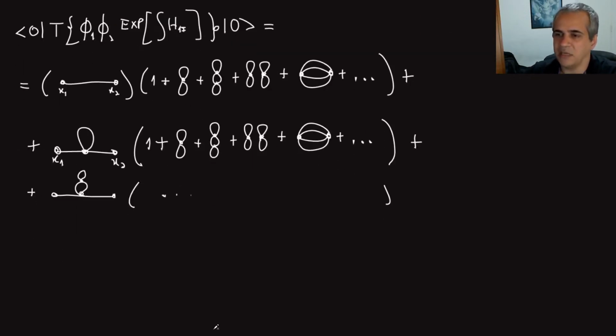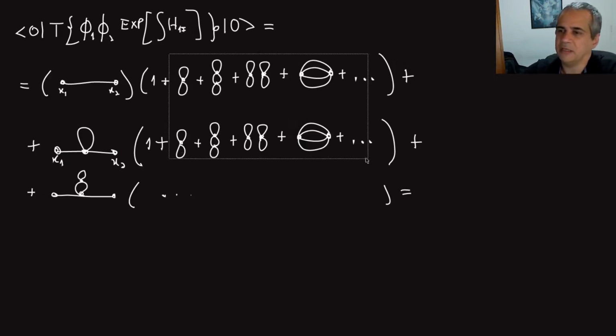That means I can rewrite the whole thing as just this series times the connected diagram, right? But also this series has a structure which is very particular. Let's name the bubble diagrams.